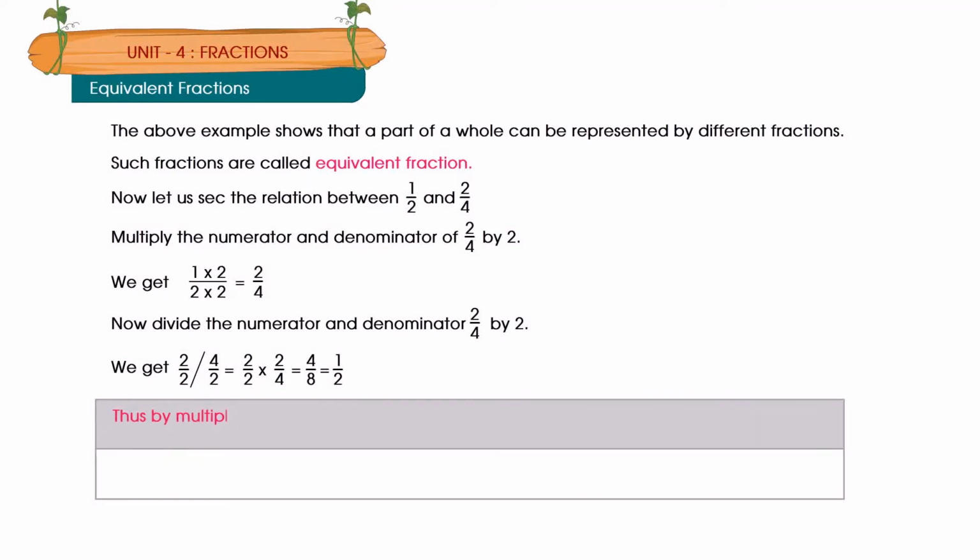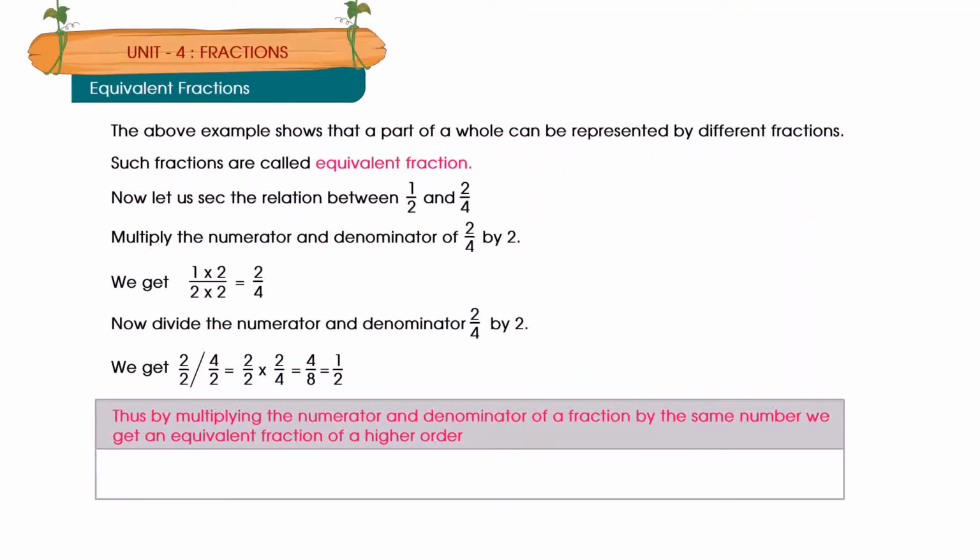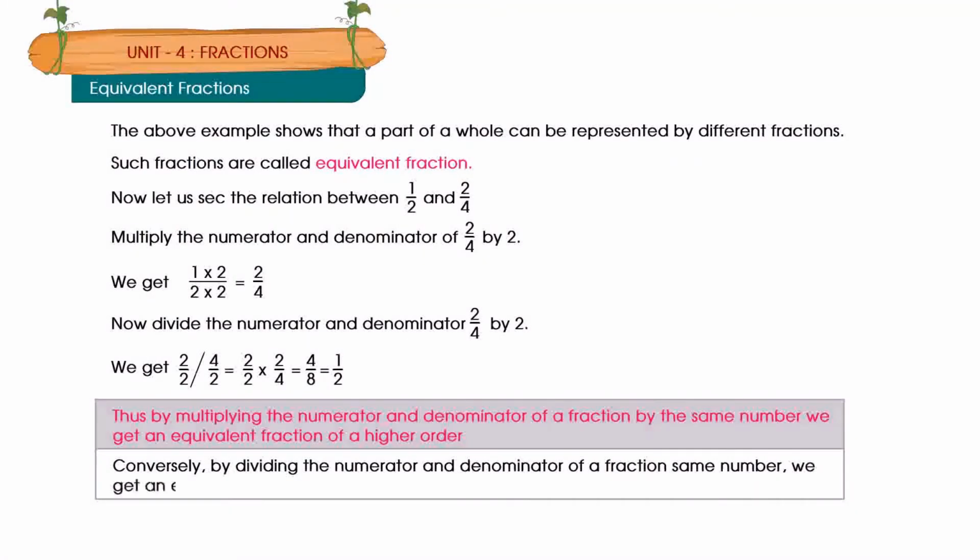Thus, by multiplying the numerator and denominator of a fraction by the same number, we get an equivalent fraction of a higher order. Conversely, by dividing the numerator and denominator of a fraction by the same number, we get an equivalent fraction of a lower order.